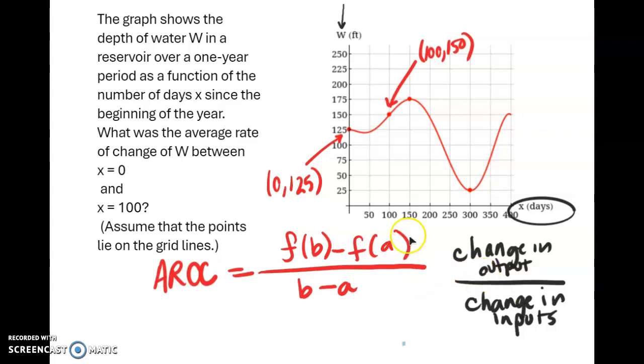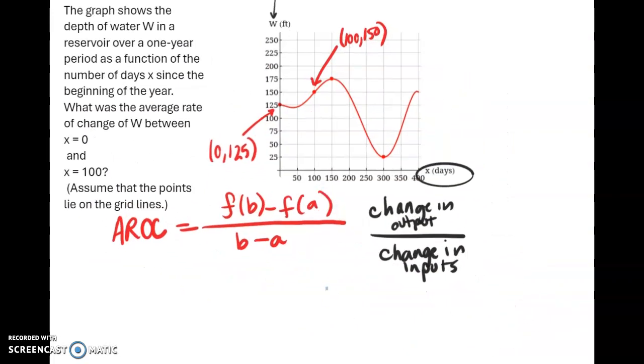So let's see if we can do this based on the 2 points they asked us, between the input of 0 and the input of 100. So using those 2 points, I'm going to plug them in here. Now, I'm going to call this A, and this is f of A. So this is my first set of points, and this is my second set of points.